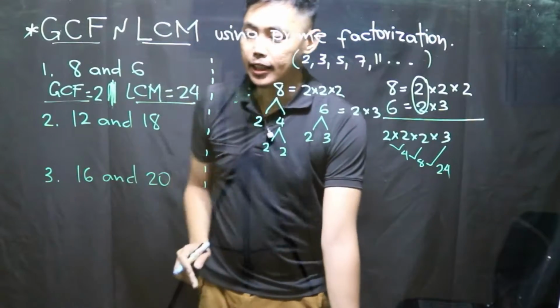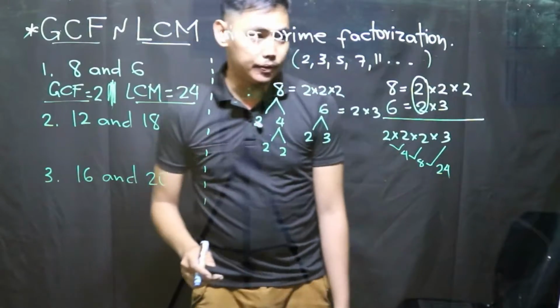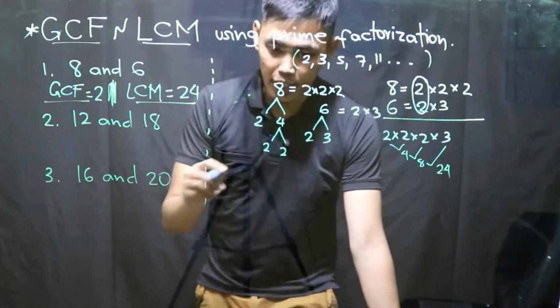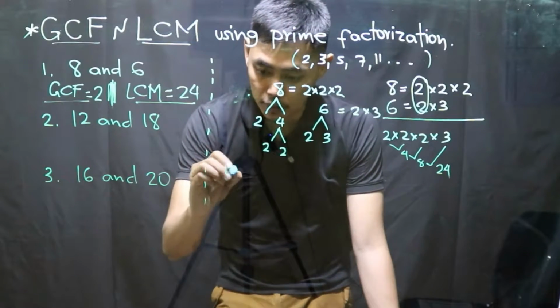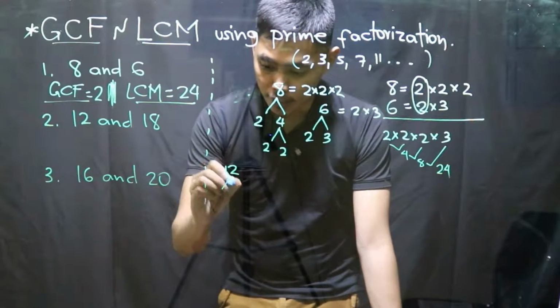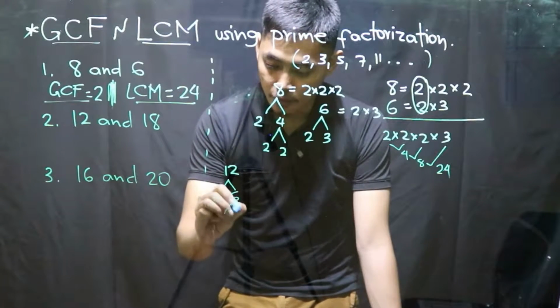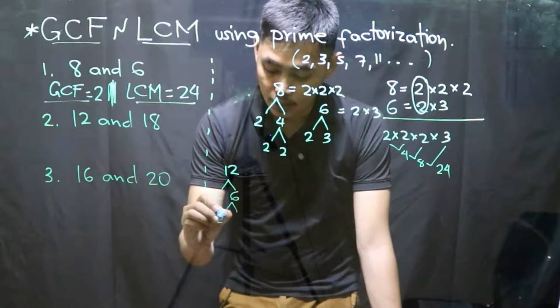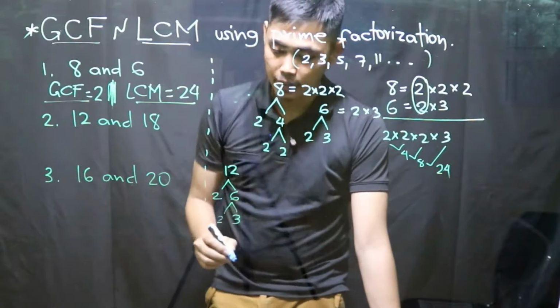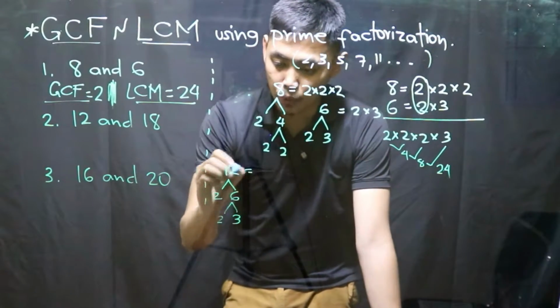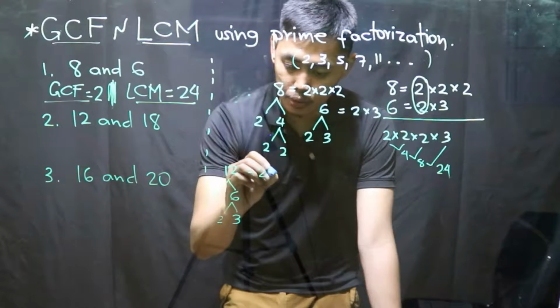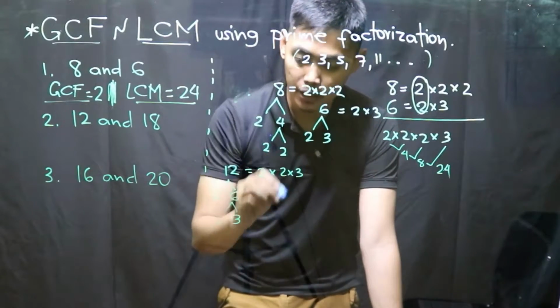How about 12 and 18? Let's try. We have 12. Prime factorization of 12 is, we have 2 times 6. We have 2 times 3. Right? So 12 is equal to 2 times 2 times 3.